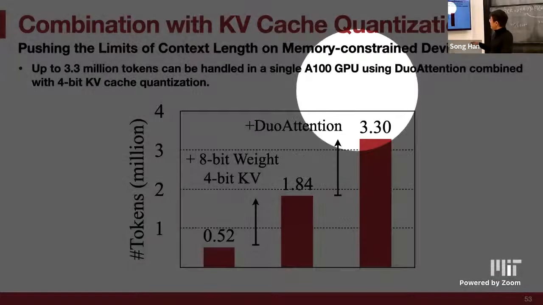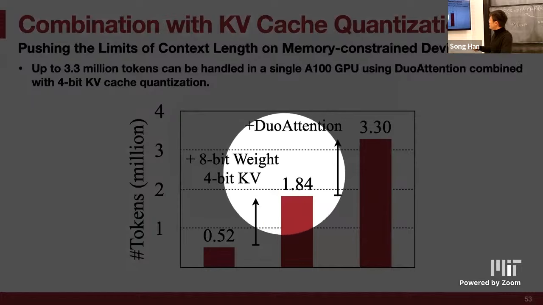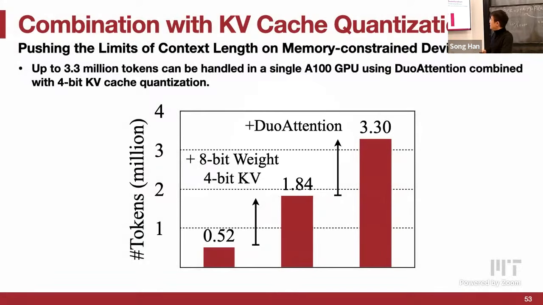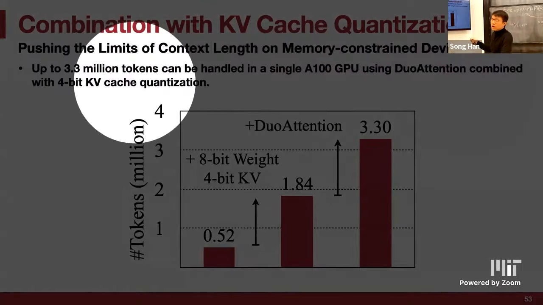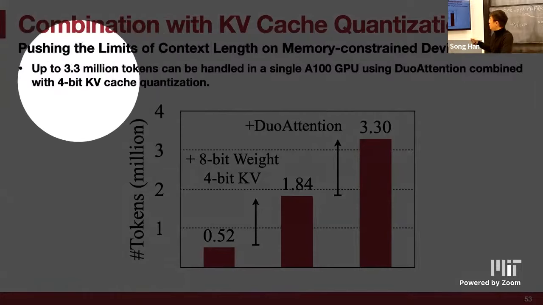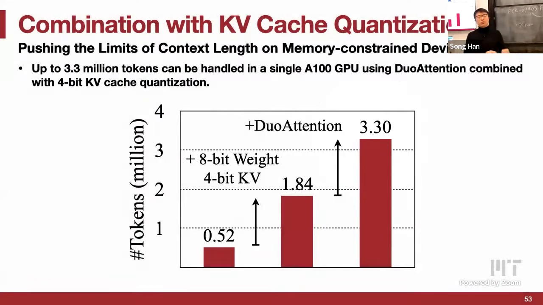By quantizing the weights to 4-bit and the keys and values to 4-bit, we can fit 1.8 million tokens in a single A100 GPU. If we combine that with 4-bit KV cache quantization, which we talked about previously using QServe, we can further boost it to 3.3 million tokens. That's like a 3-hour-long video, which is pretty cool.